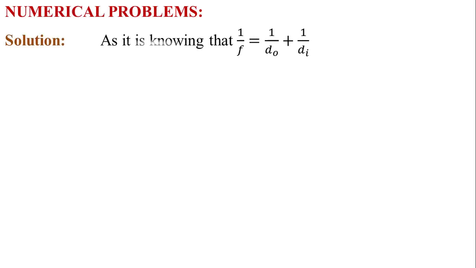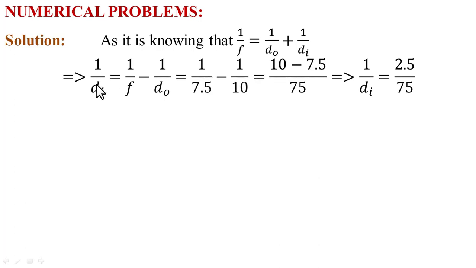So first of all, in the solution we can write 1 upon f is equal to 1 upon d naught plus 1 upon di. So we will rearrange the data. 1 upon di is equal to 1 upon f minus 1 upon d naught. So 1 upon di is equal to 1 upon 7.5 minus 1 upon 10.